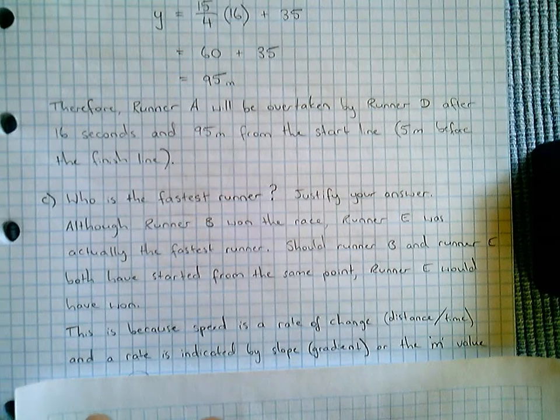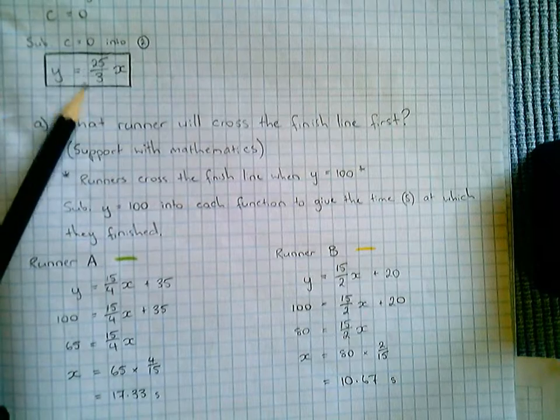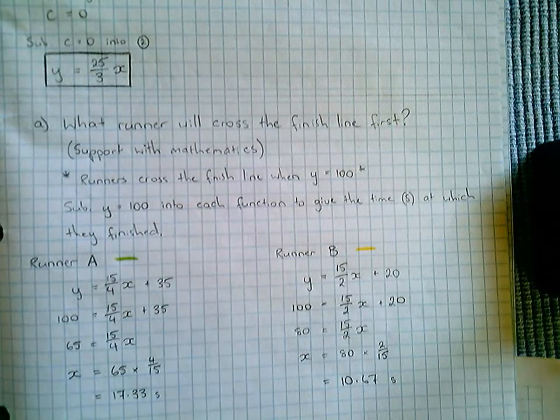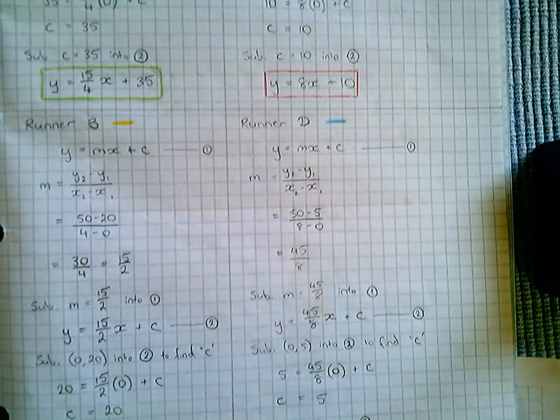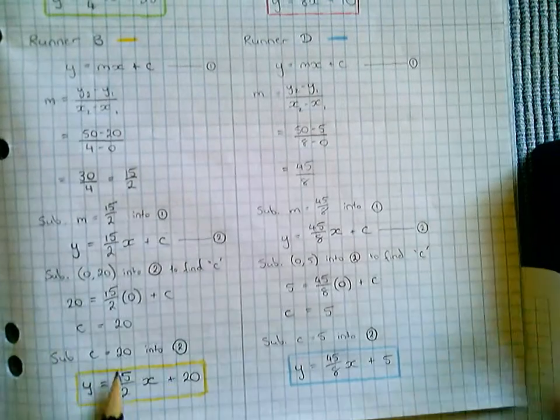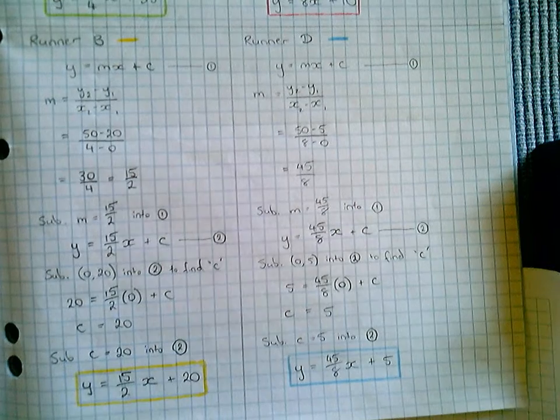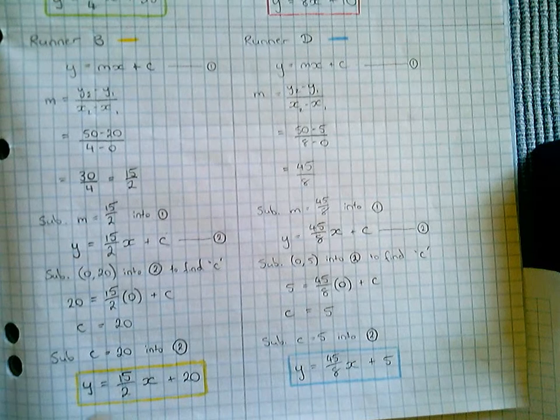If we go back to all of these functions which we determined, here's one, we've got an m value here for this runner, an m value here for this runner, and for these two runners. Those m values are actually the rates of change, meaning the velocity or the speed of each runner in meters per second.